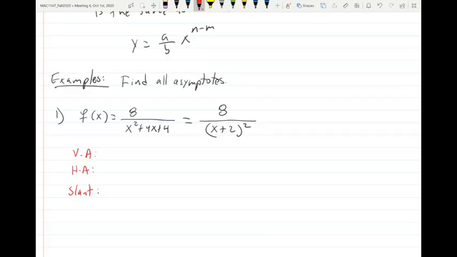Is it x is -2? x equals -2. Very good. So remember, vertical asymptotes are the zeros of the denominator, right? So here we have the zero is -2. You have to make sure that it's in lowest terms. In this case, it is. So you're good to go.